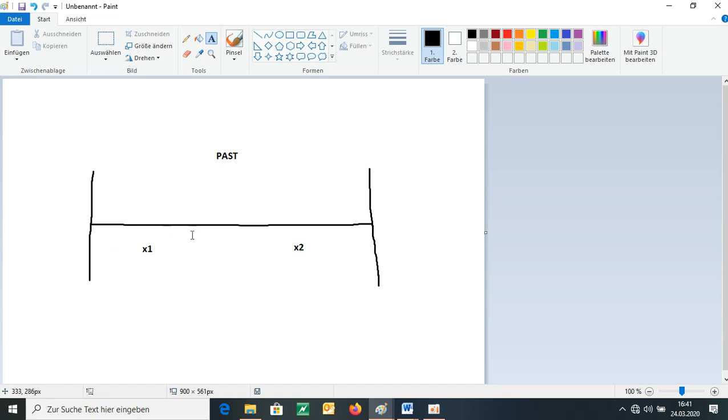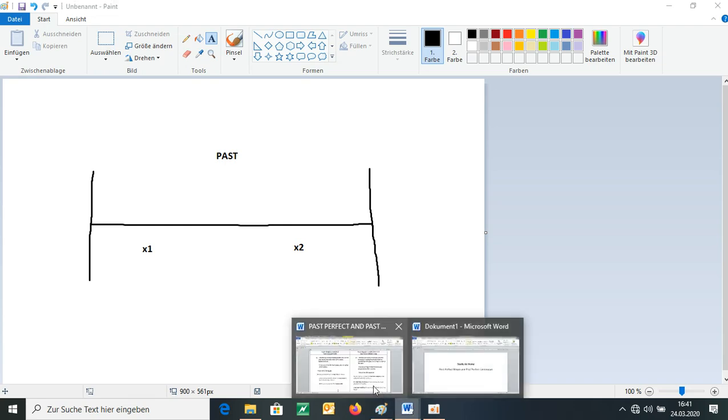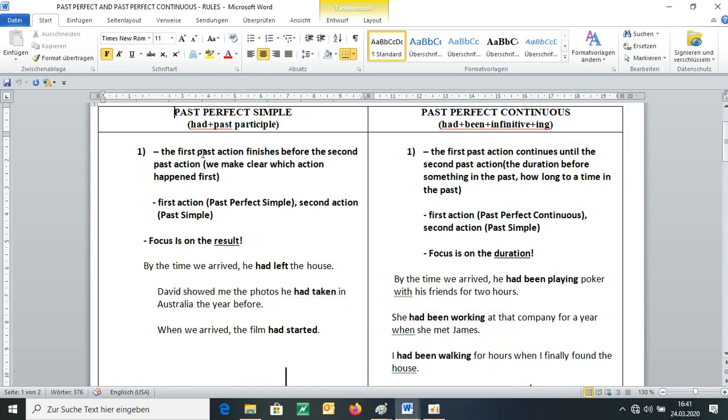However, x1 happens before x2, and this is why we need this tense. The first action finishes before the second action. With the past perfect, we want to make clear what action happens first, and the focus is on the result. What we don't have to forget is that the first action needs the past perfect simple, and the second action, the past simple.